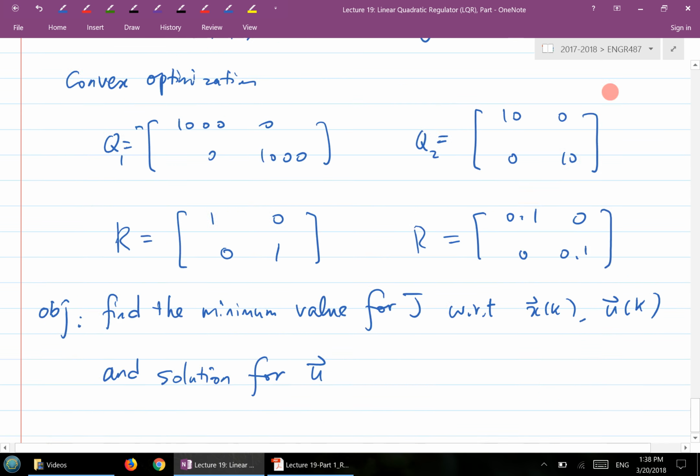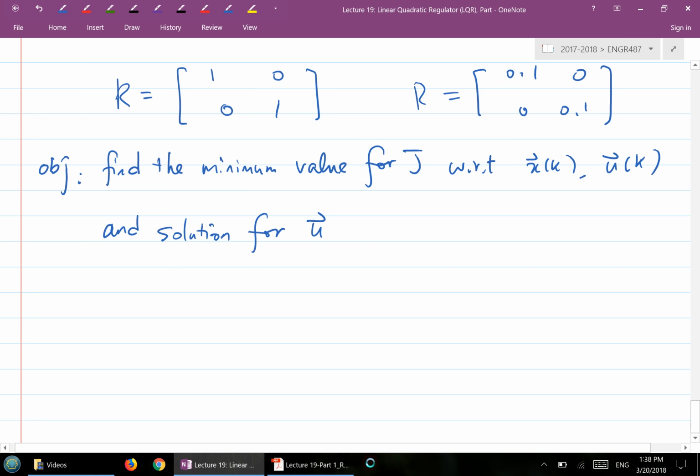So if you can find the solution for U, that is basically the so-called optimal solution. We use a U star here to represent this solution. Ultimately, we want to find an optimal control input U such that the J value is minimized.